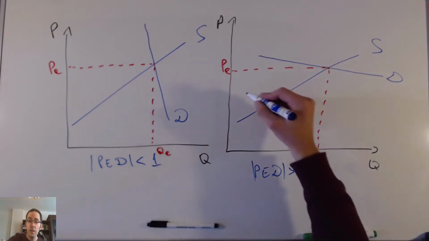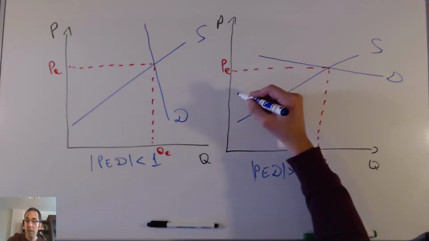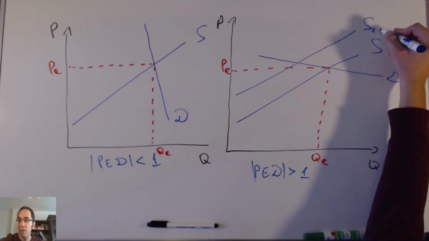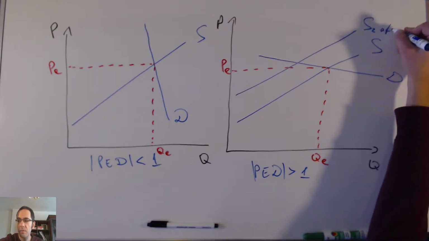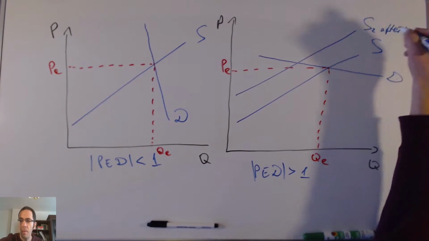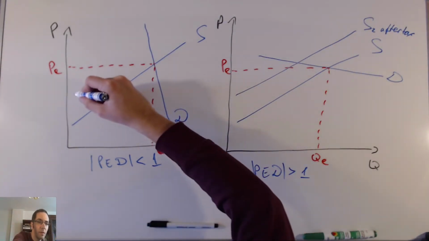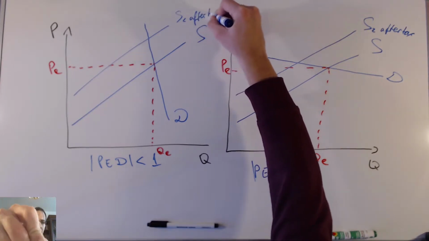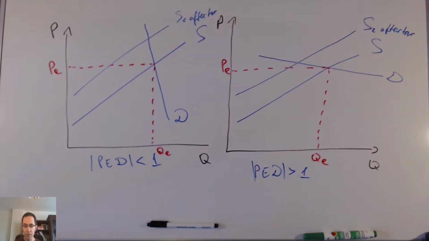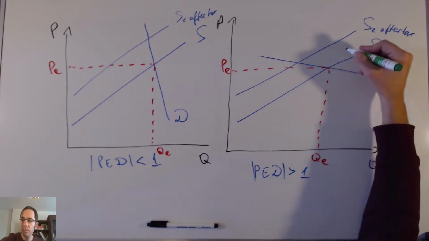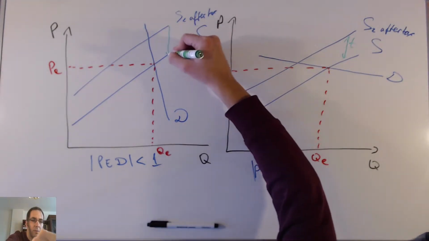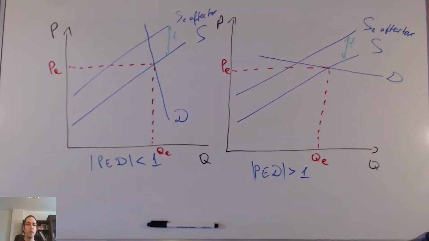So let's add, okay, this would be my S2 after tax, and a similar S2 after the tax. And we can see that in this situation my tax T would be hopefully somewhat similar in both cases.